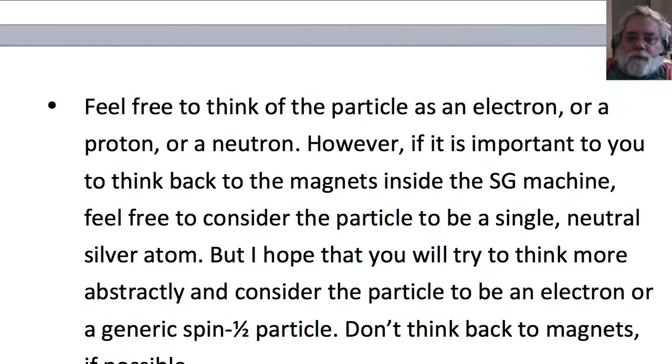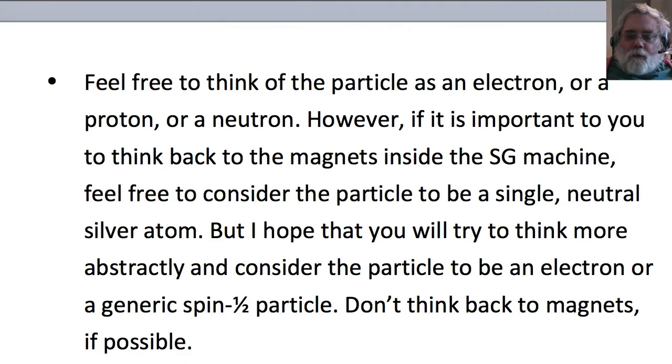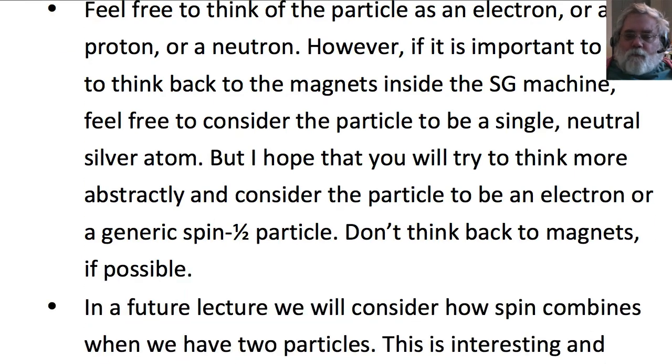If it's important to you to think back to the magnets inside the SG machine, feel free to consider the particle to be a single neutral silver atom. But I hope that you will try to think more abstractly and consider the particle to be an electron or a generic spin 1/2 particle. If possible, don't think back to the magnets, just think of the abstract behavior of an SG machine.